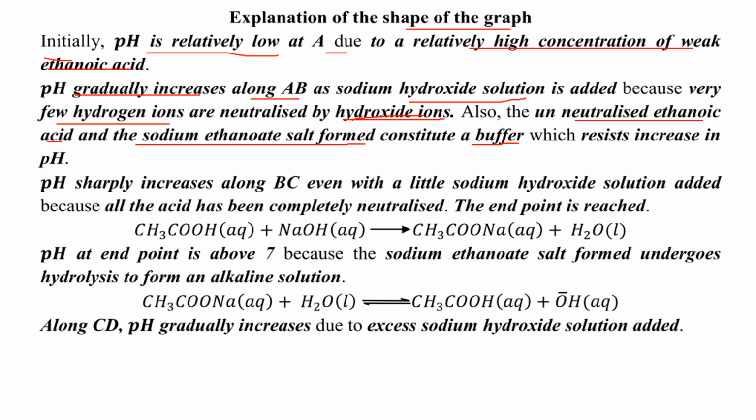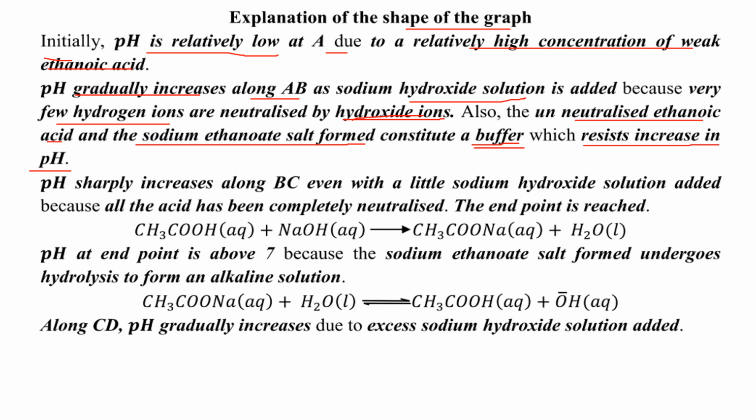And remember that at the beginning of the experiment, we have more of the unionized ethanoic acid molecules present. We have also formed its salt, which is sodium ethanoate. And the two, as we discussed earlier, constitute what we call a buffer solution. Now this buffer solution is the one which resists change in pH, or resists increasing pH.